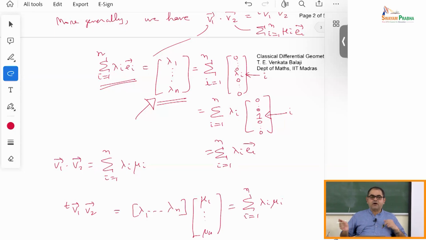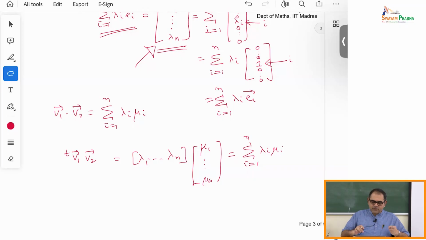So the point is, how do you connect the dot product with multiplication of matrices? The dot product of two column vectors is that you simply take the transpose of one column vector and multiply it with the other vector. This is just a translation from the dot product of vectors into matrix notation. That's what I wanted to understand.